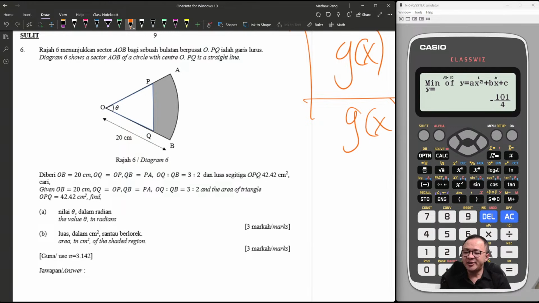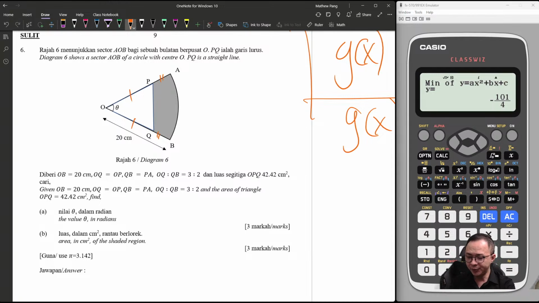Okay, the diagram 6 shows a sector AOB, center at O, PQ is a straight line. So we have every information here. OP is the same as OQ, so these two are the same length. And OQ is the same as QB, these two are the same length also.